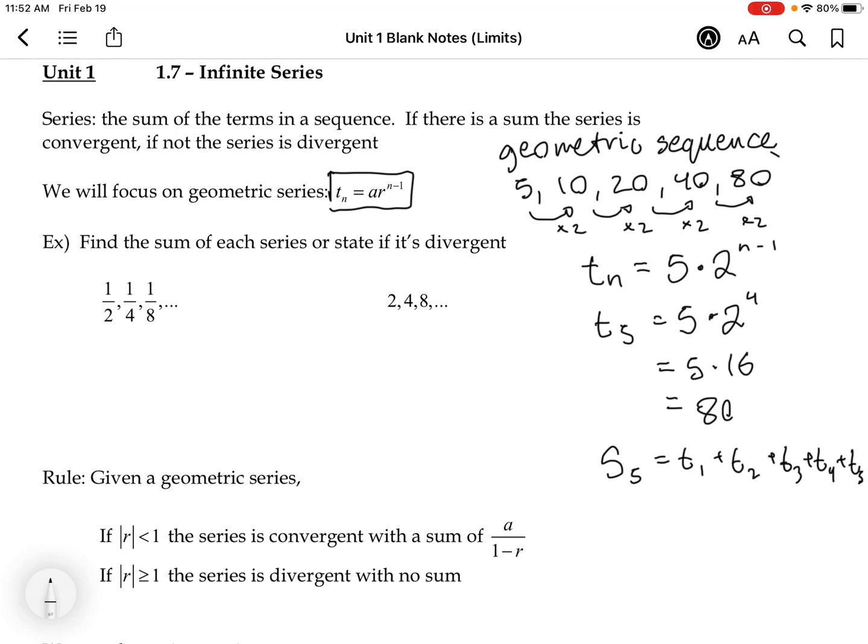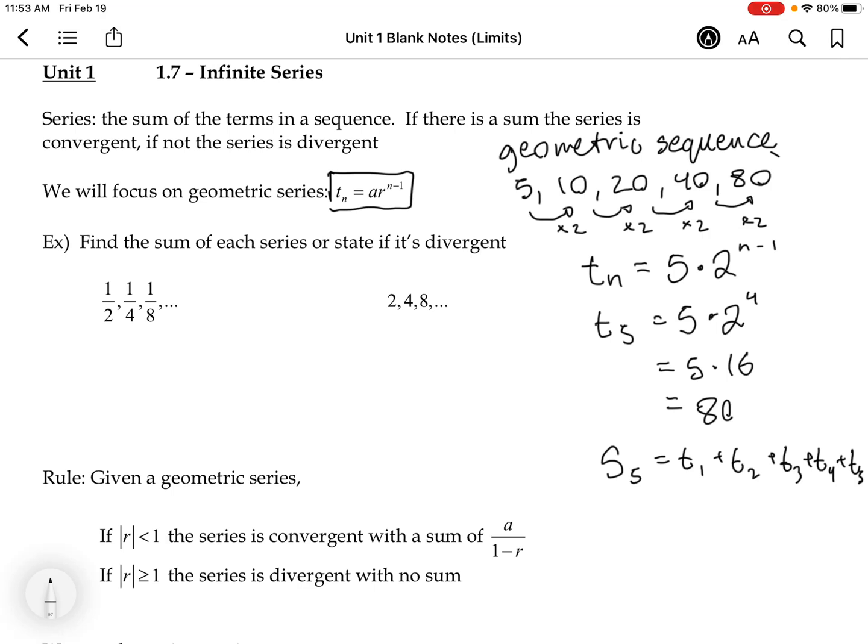Now some infinite series have a specific sum, and when they do, they're called convergent, and some don't. For some series, the sum is actually like infinity.